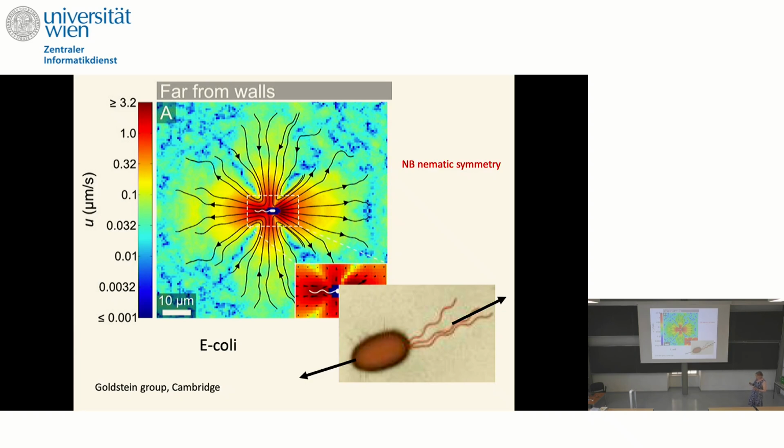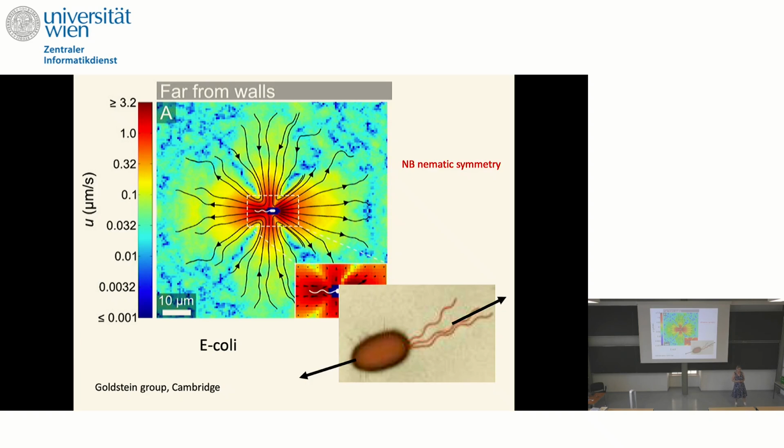And what you'll see is there's some very obvious symmetry of the far flow field. In particular, this symmetry is nematic, right? I've got a preferred axis, but forwards and backwards are the same as each other. The flow field around each individual swimmer has nematic symmetry.